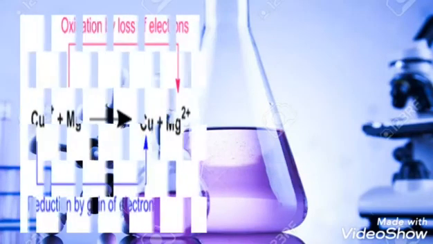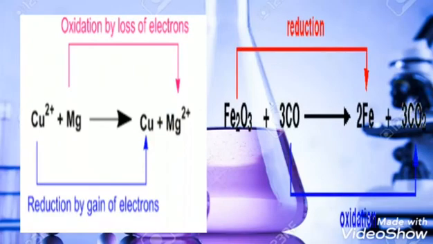To summarize what we have discussed about the meaning of oxidation and reduction reaction in terms of losing and gaining oxygen and losing and gaining electrons, I have here two sample equations. For the first equation, take note that magnesium changes from magnesium neutral to magnesium +2.